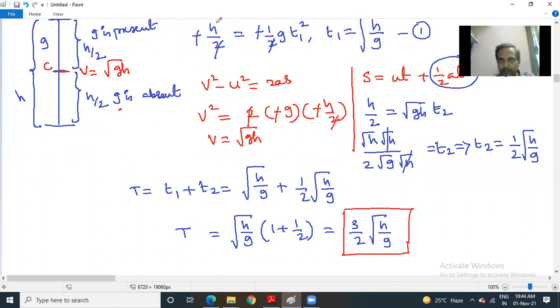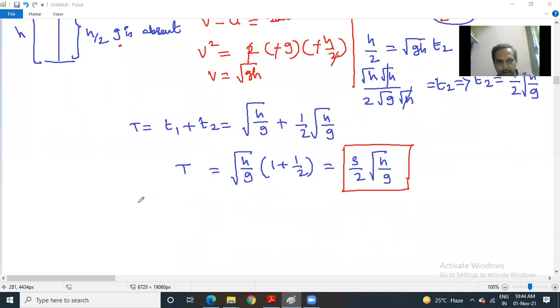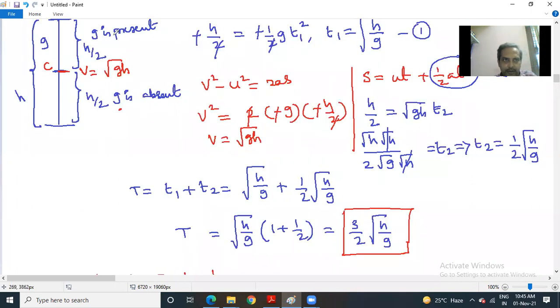We'll move to another application. You can have another application, the ratio of capital T, the total time with plus without gravity, to capital T to t1. This t1 is the time taken by the body to cover h by 2 with gravity.